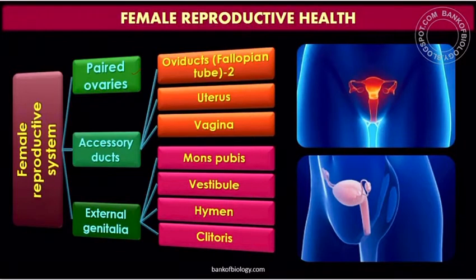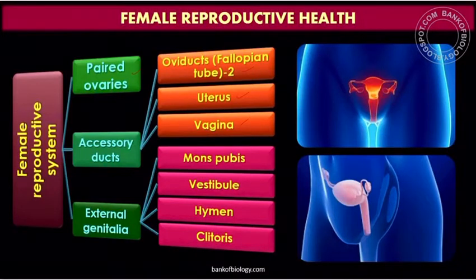Then come the accessory ducts, the tube-like structures associated with the female reproductive system. They are three: a pair of oviducts or fallopian tubes, one uterus, a bag-like structure, and one vagina, a tunnel-like structure.